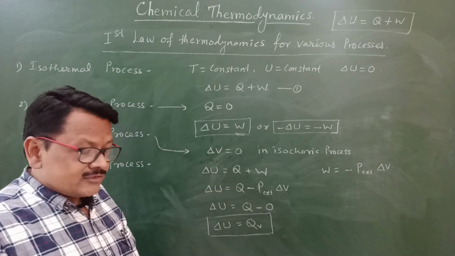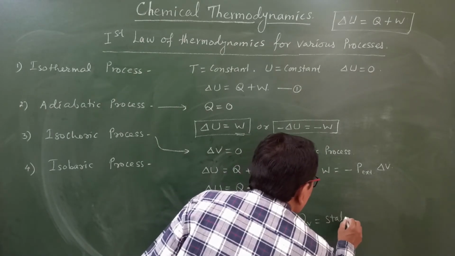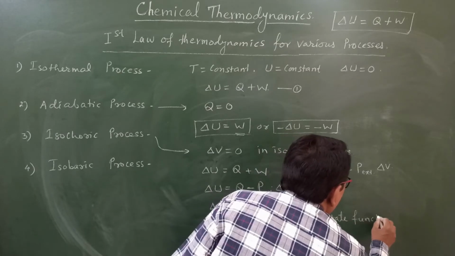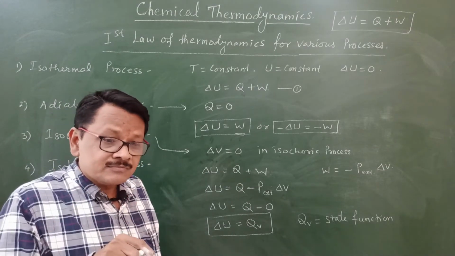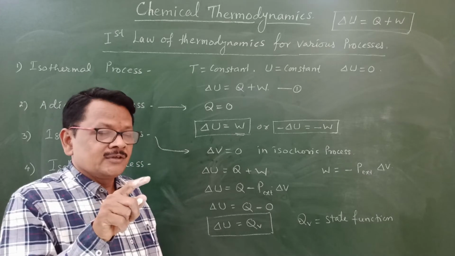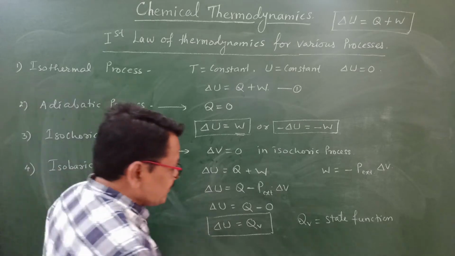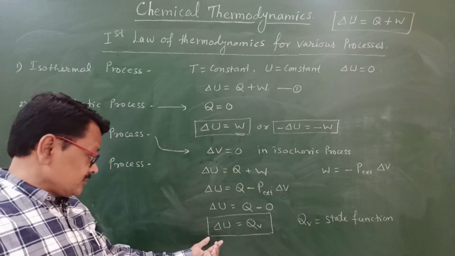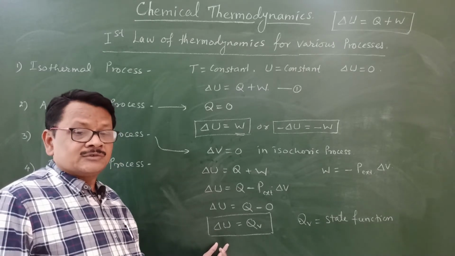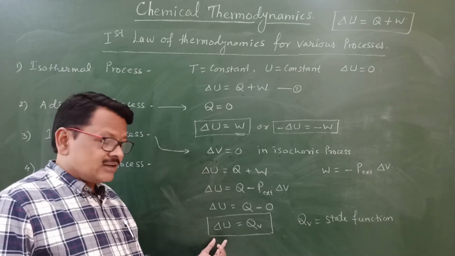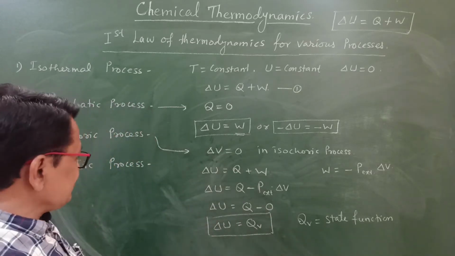This delta U is a state function, therefore QV is also a state function. But we know that Q and W, heat and work, are path functions. We keep that in mind. But QV is a state function, because QV is nothing but delta U, the change in internal energy. So these are state functions. Therefore QV is also a state function.